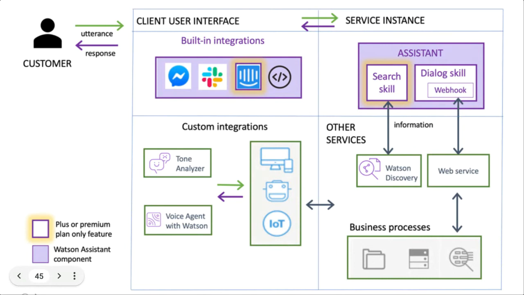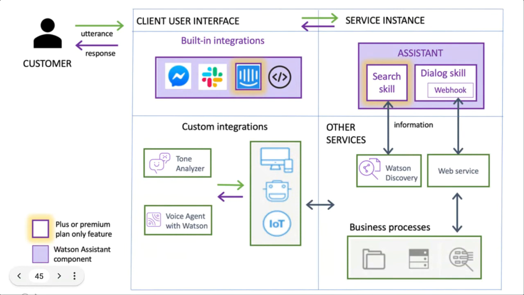Here on your screen, you can see what IBM Watson can do, and how it gets information in natural language and then passes information to the user of the chatbot or Watson Assistant.